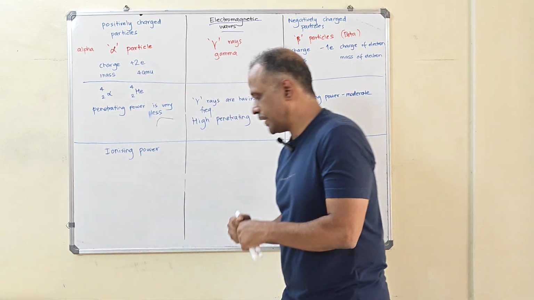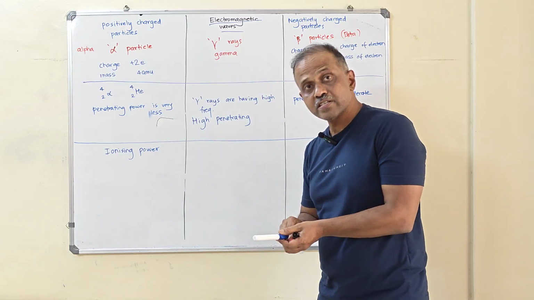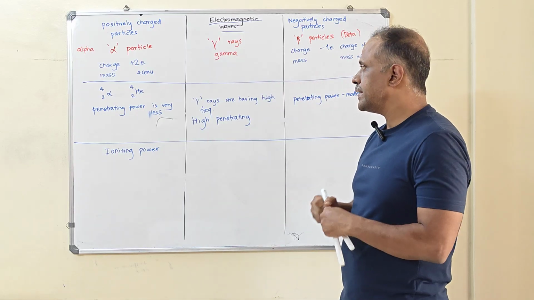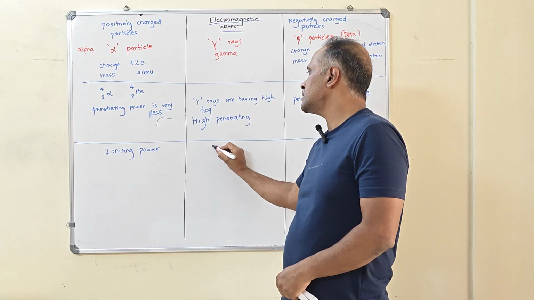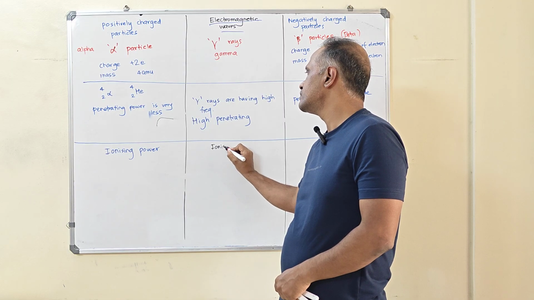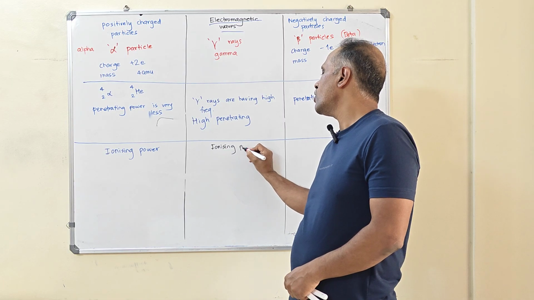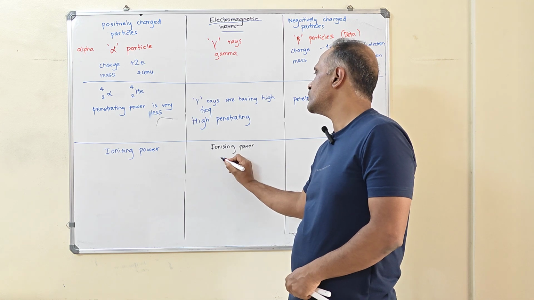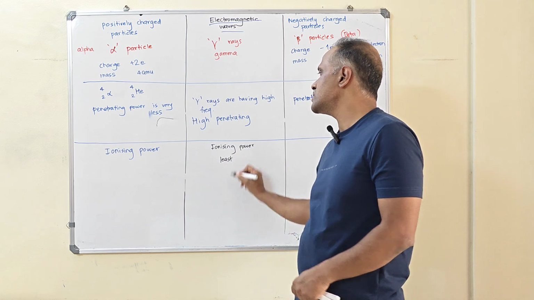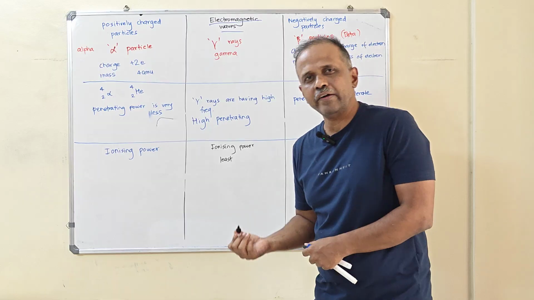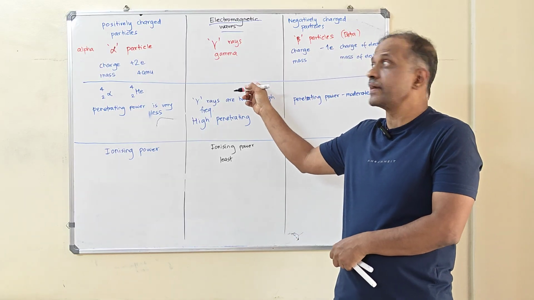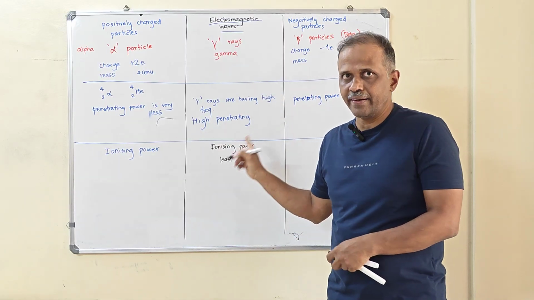If the ionizing power is considered, the ionizing power of gamma radiation is the least. It does not have the capacity to ionize. It has the capacity to penetrate, but it does not have the capacity to ionize.